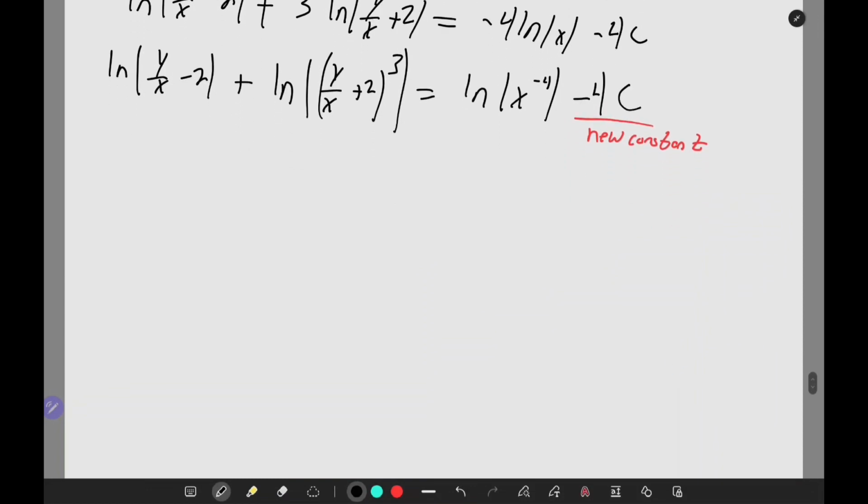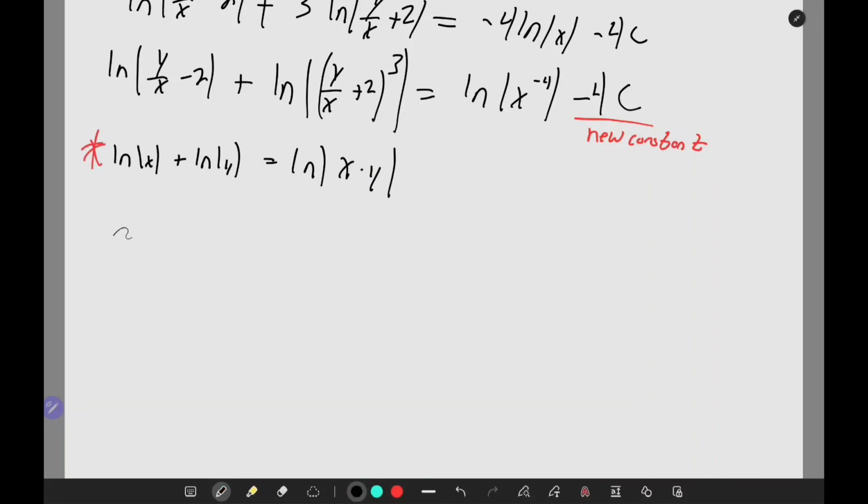So now what we can do here is on the left side, if we ever have an addition of logs, you know that is multiplication, right? Like if you ever have a natural log of x plus the natural log of y, that's just ln of x times y.